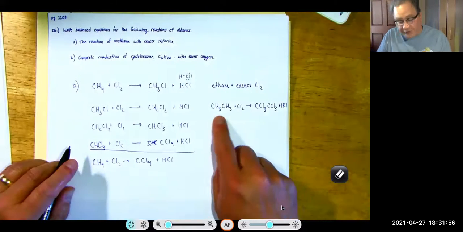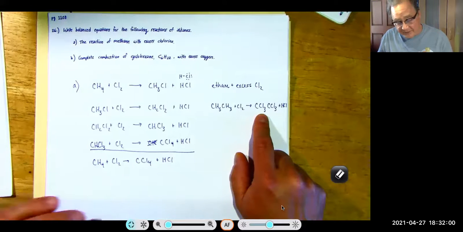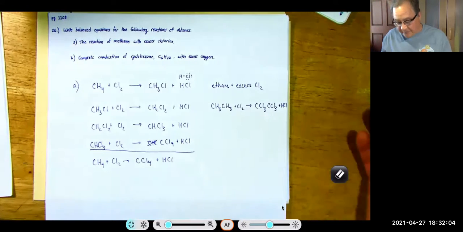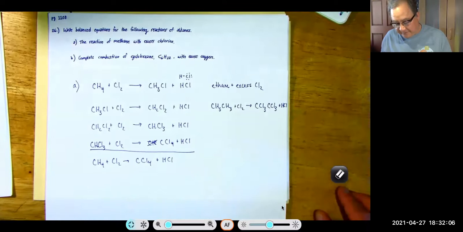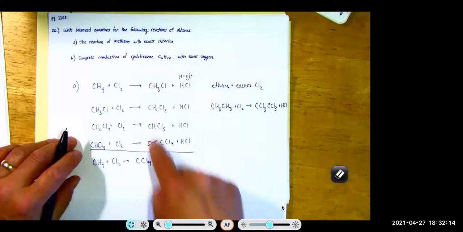Every one of those hydrogens would be replaced by a chlorine. So if you have 3 hydrogens, you get 3 chlorines, and there you go. So that's the answer to A, reaction of methane with excess chlorine.